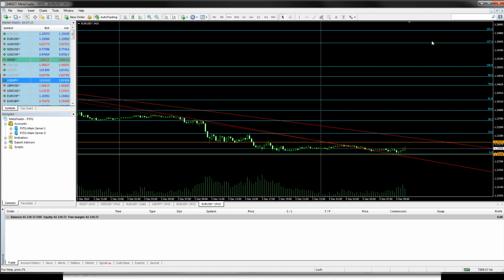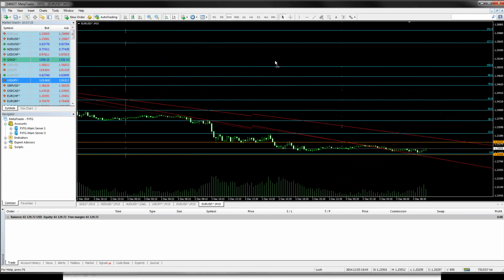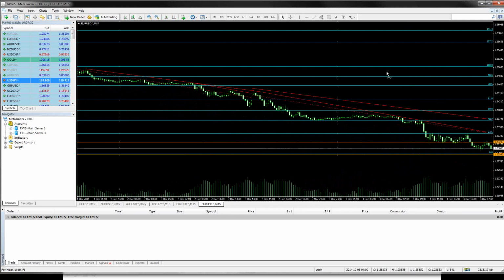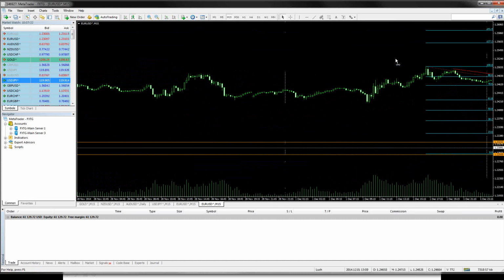Somehow the market always goes to those lines, and you can go back and put it on the chart back and back and back, and you'll always see the market behaving along those lines. If I could go back a touch.